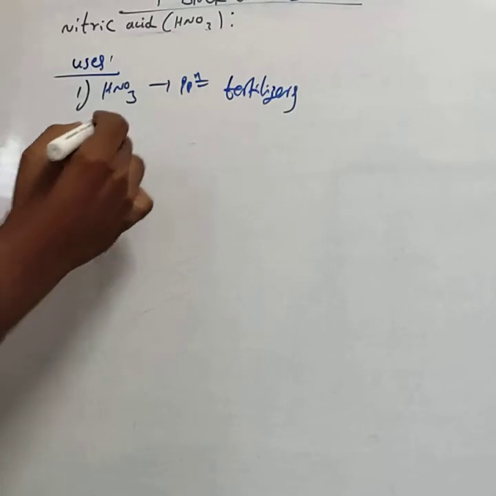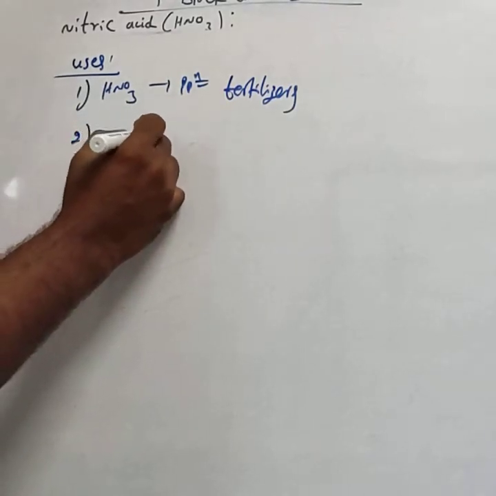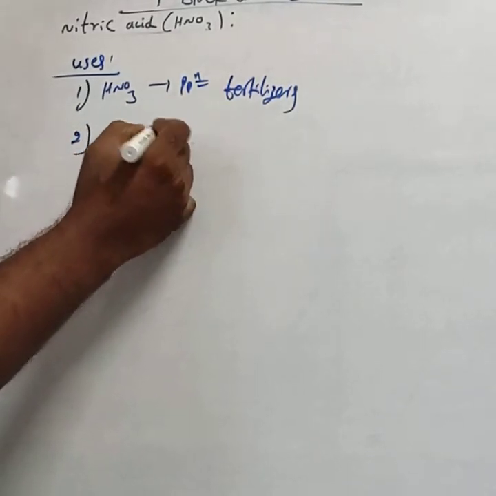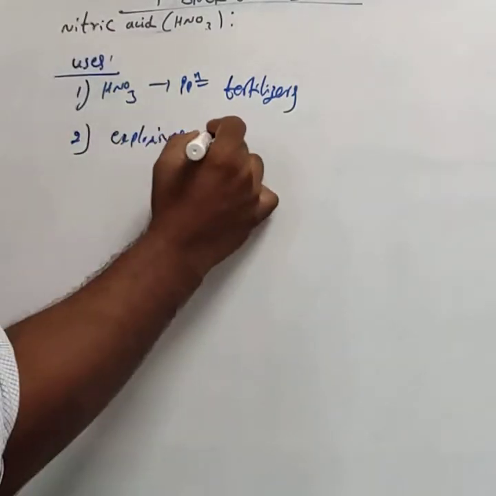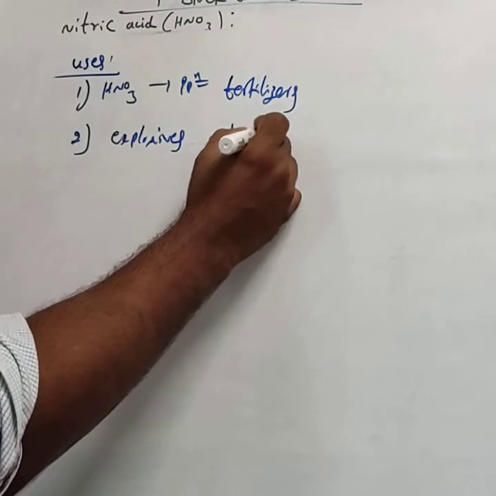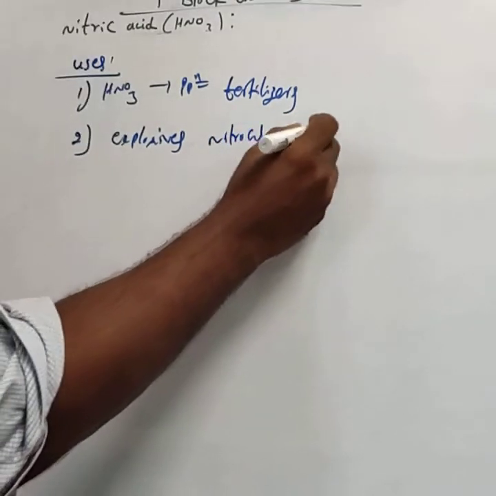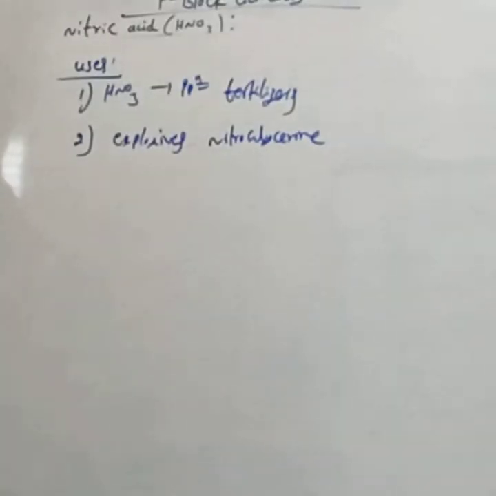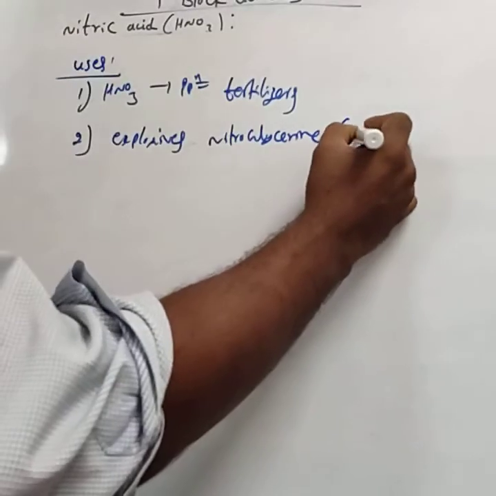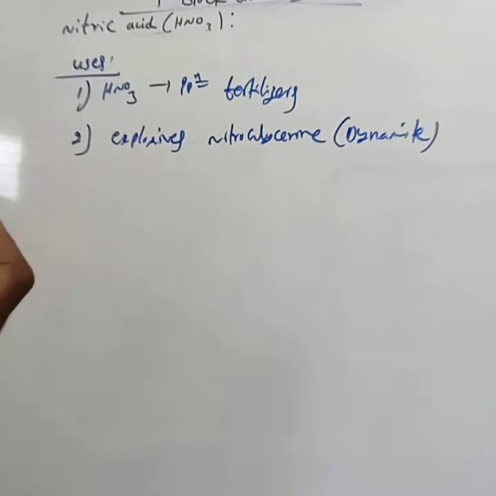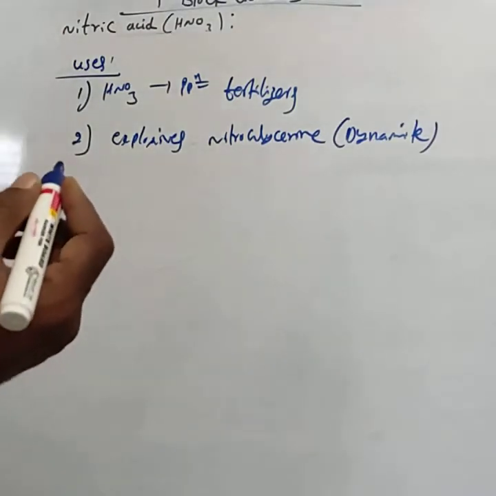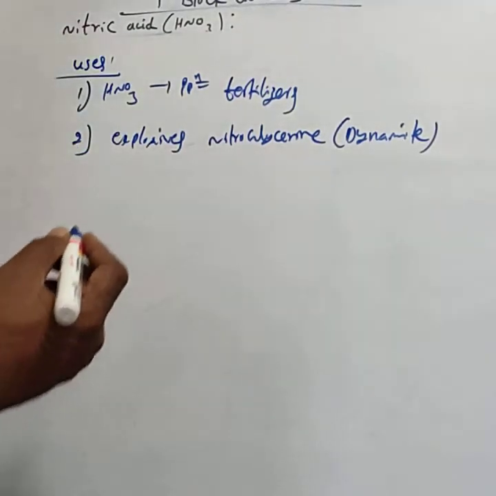The second use is in the preparation of explosives like nitroglycerin, commonly called dynamite.